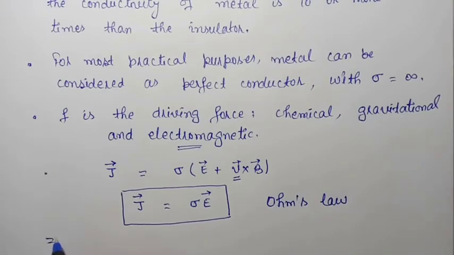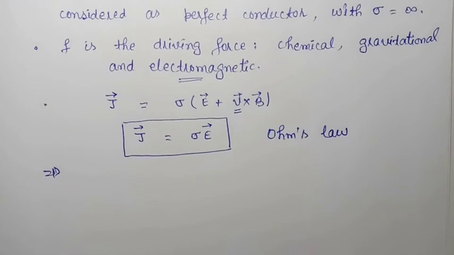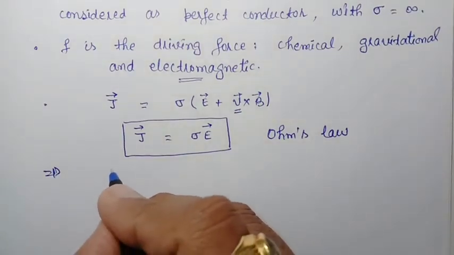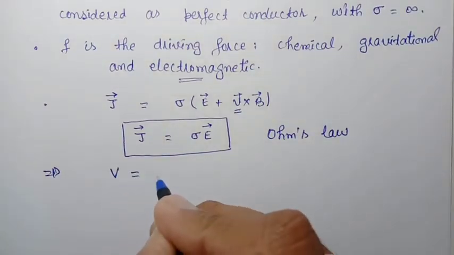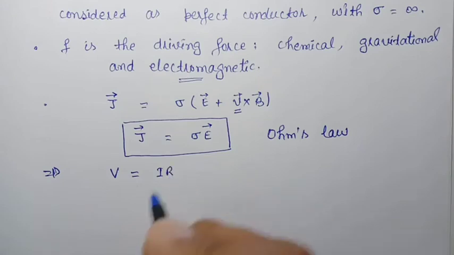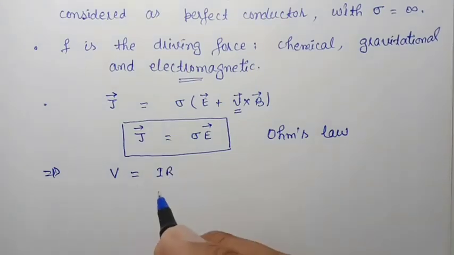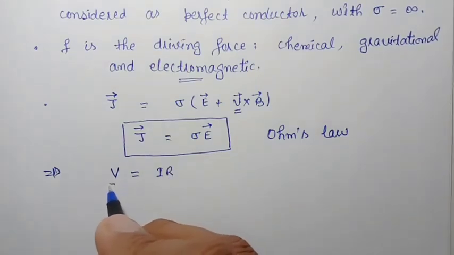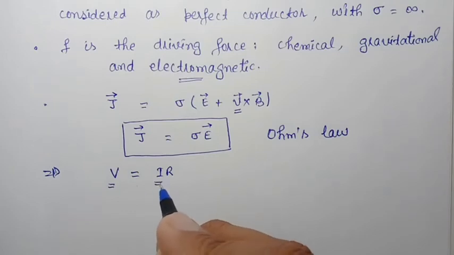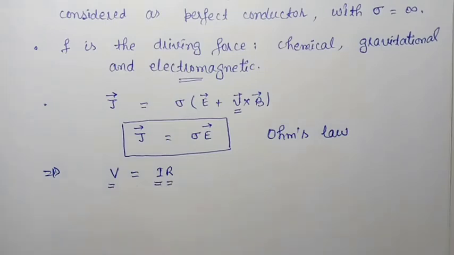But conventionally we write Ohm's law like this: V is equals to IR. So V is the voltage, I is the current, and R is the resistance here.